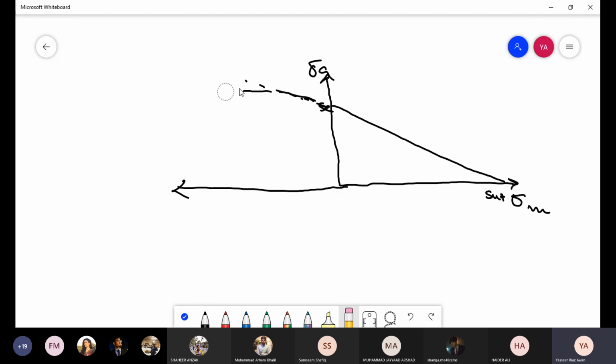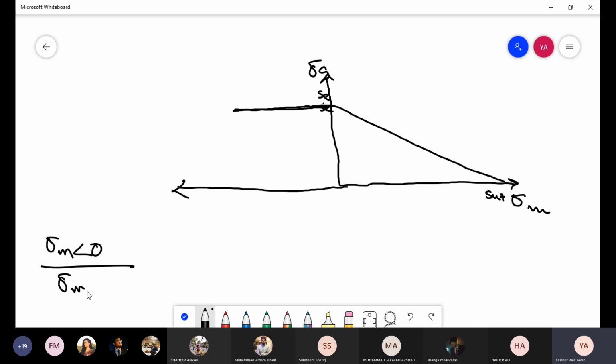But to be on the conservative side, the convention generally is to ignore this positive effect and take this line as a constant. So we take this line at SE level. That means when sigma m is less than 0, we ignore the positive effect. So the result is the same as sigma m equal to 0.